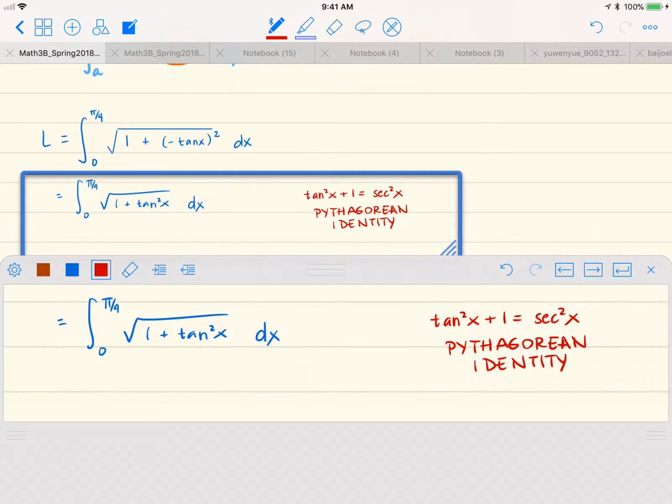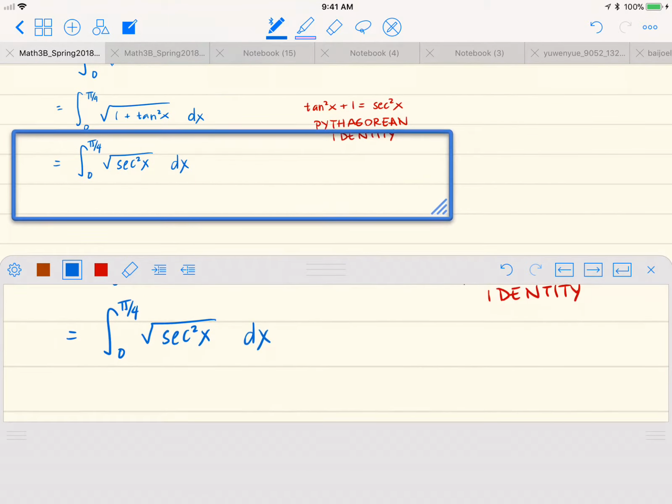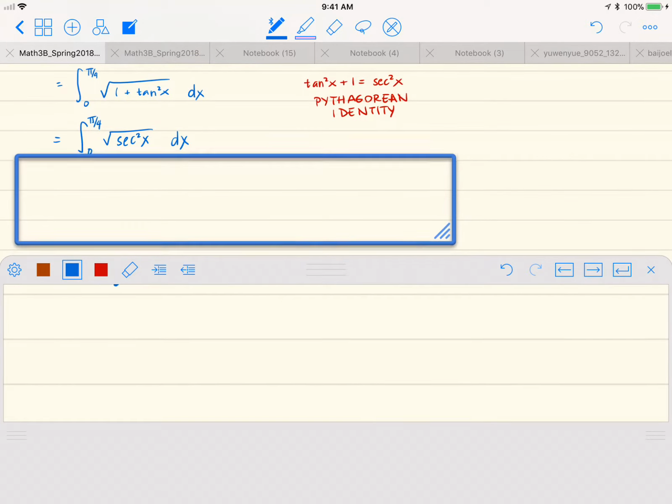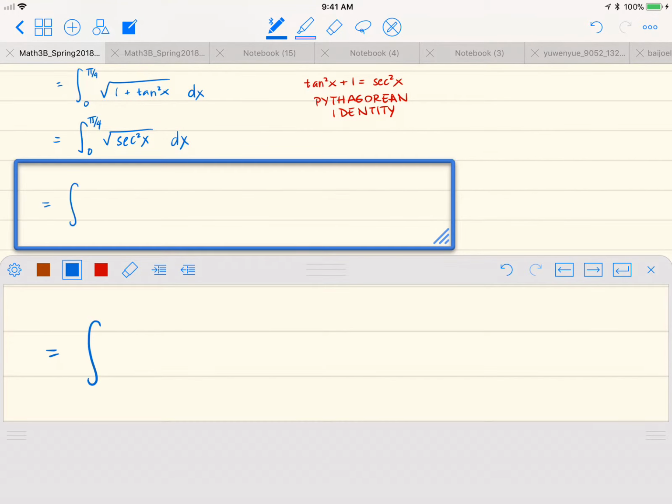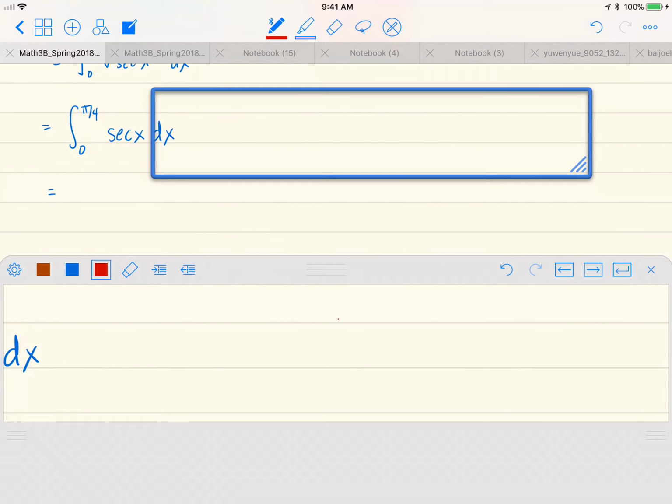And we can rewrite our integral as the integral of the square root of secant squared x dx. But the square root of secant squared is just going to be secant x dx.